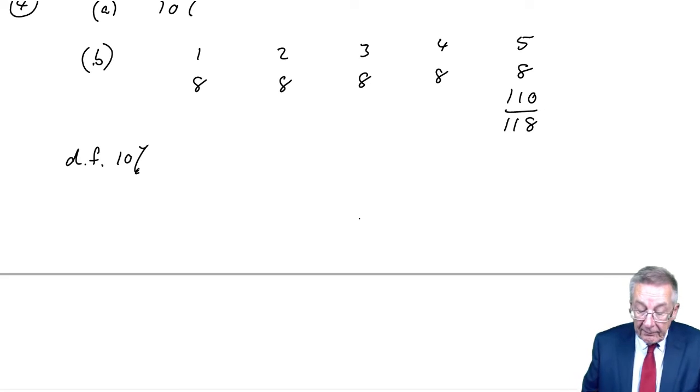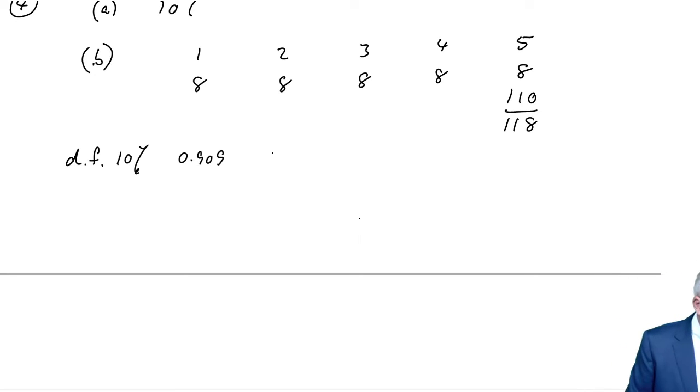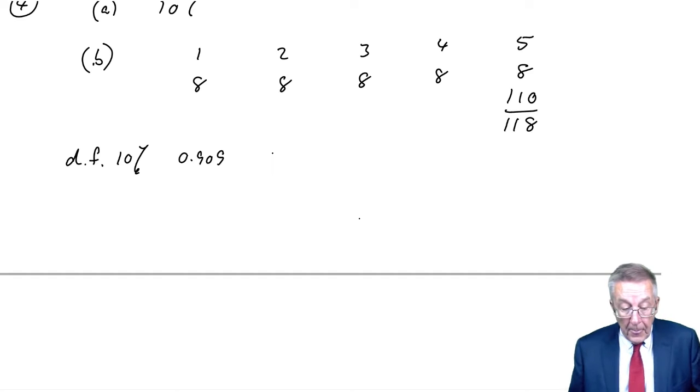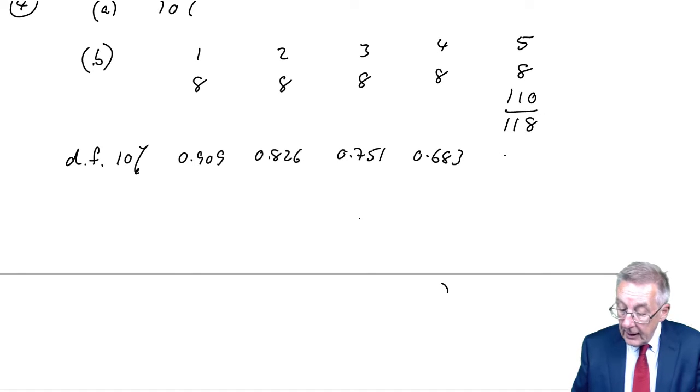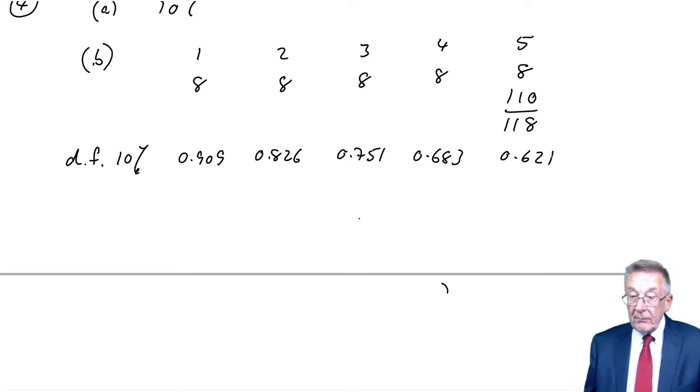the factors are 0.909, 2 years at 10%, 0.826, 0.751, 0.683, and 0.621.